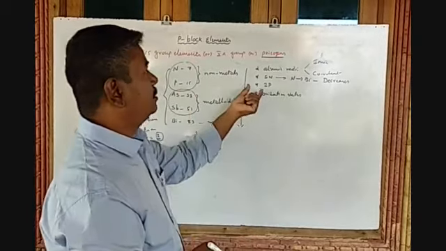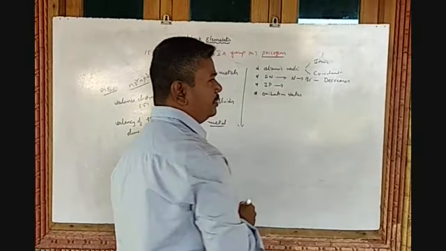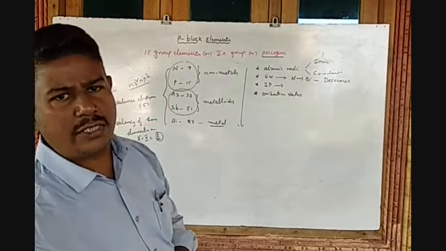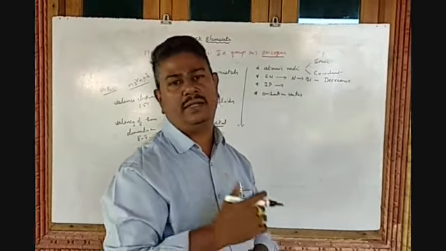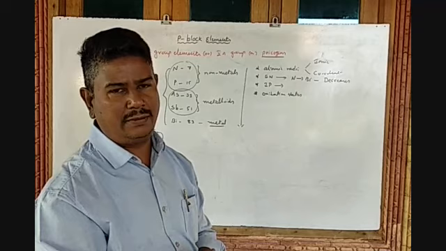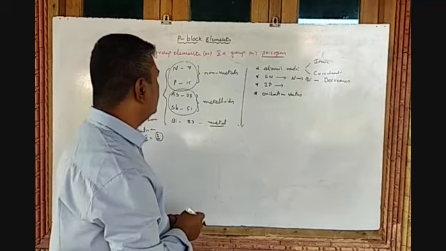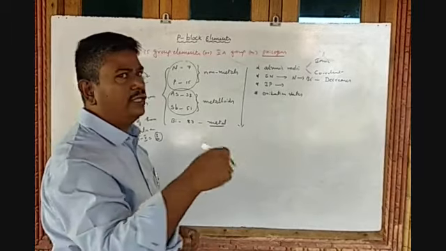Now the third one, ionization potential. We are well known about the ionization potential. What is the definition? The minimum amount of energy required to remove the electron from the outermost orbital of an atom in the gaseous state is known as ionization energy. As we move from nitrogen to bismuth, the atomic size gradually increases.